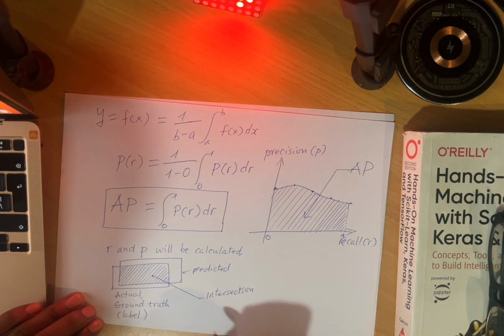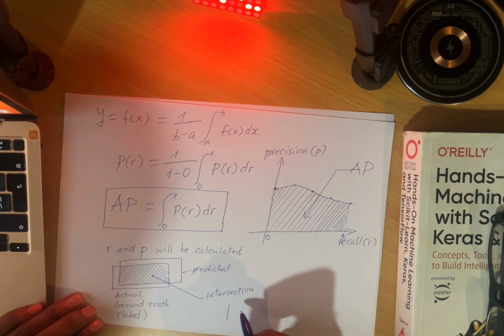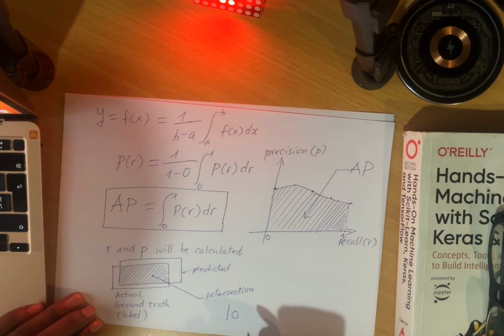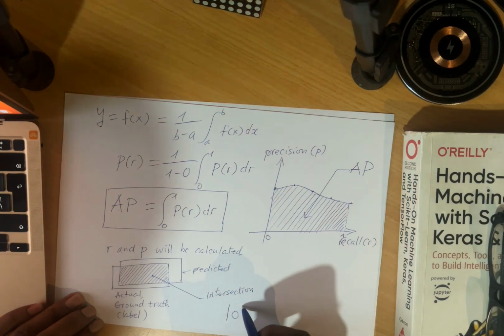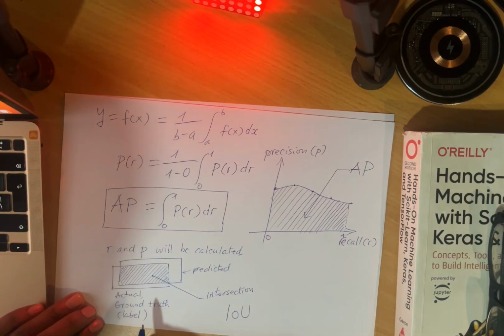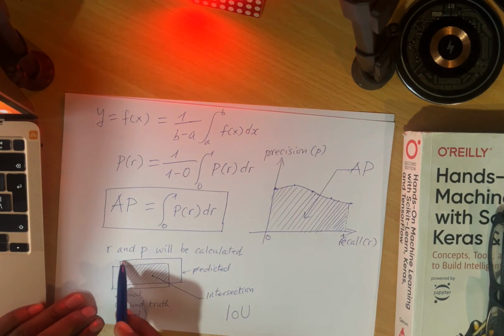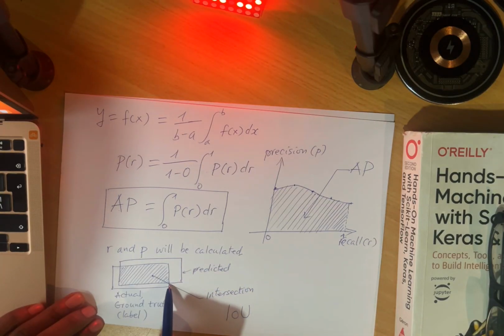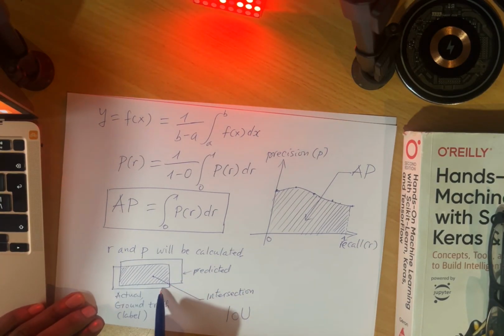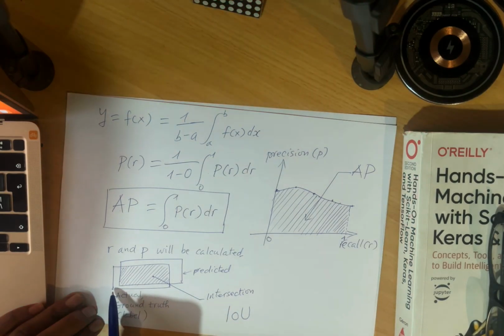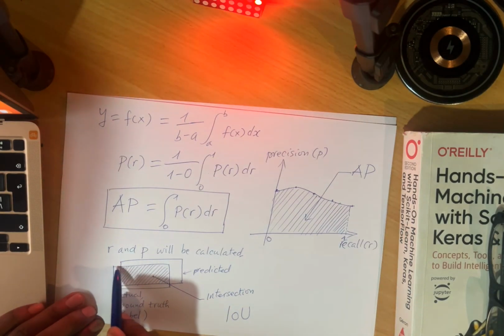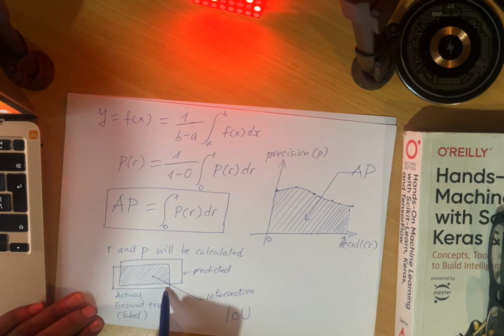So this is what we refer to as intersection over union. Union is when we take all the bounding boxes together like this.